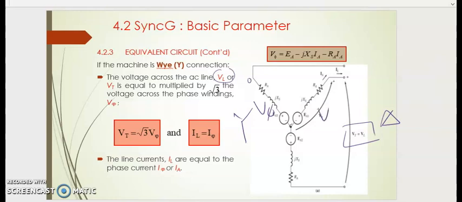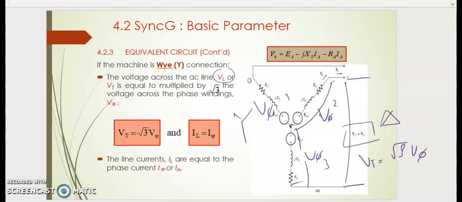Here we have phase 1, phase 2 and phase 3. But the voltage across the overall terminal from line to line combines two of these phases. Let's say this is phase 1, 2, 3. The combination of phase 2 and phase 3 becomes V terminal. So V terminal is equal to root 3 of V phase.